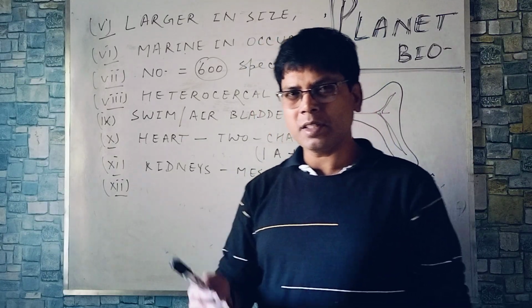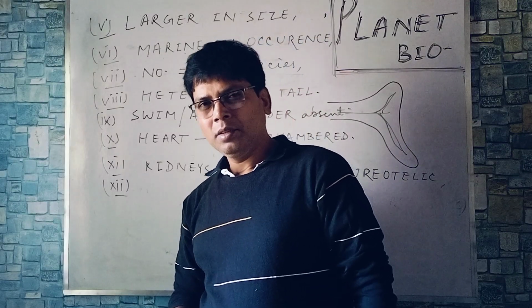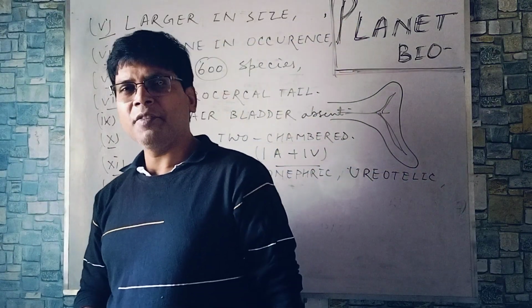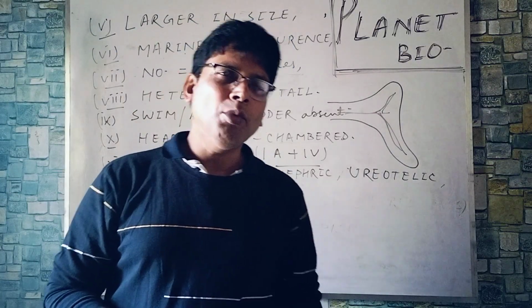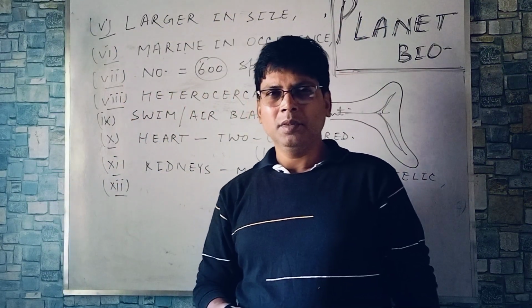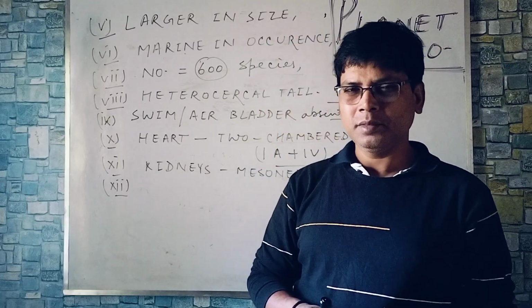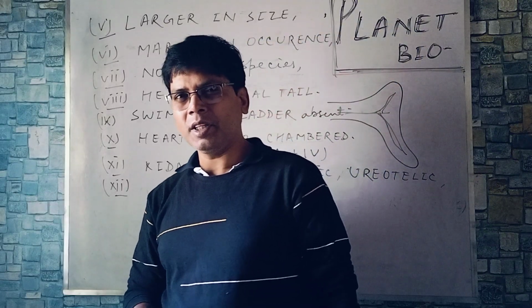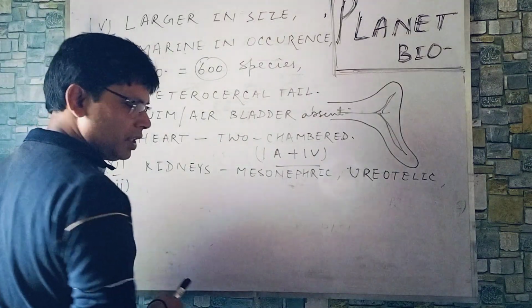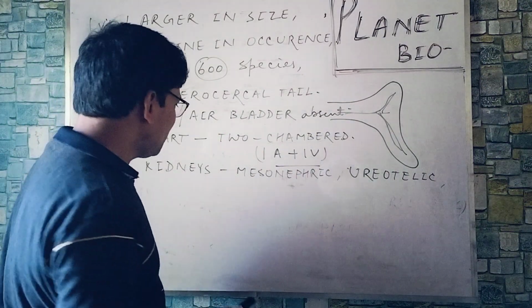There are certain cells, ionocytes, and in bony fishes, ammonotelic. Ammonia is released as ammonium ions with a minor role of kidney. So gill membranes are active there. So these points you have to note down for animal physiology, that is excretion chapter.